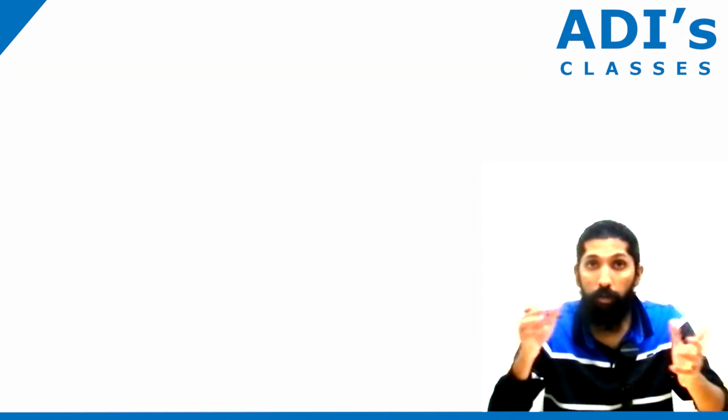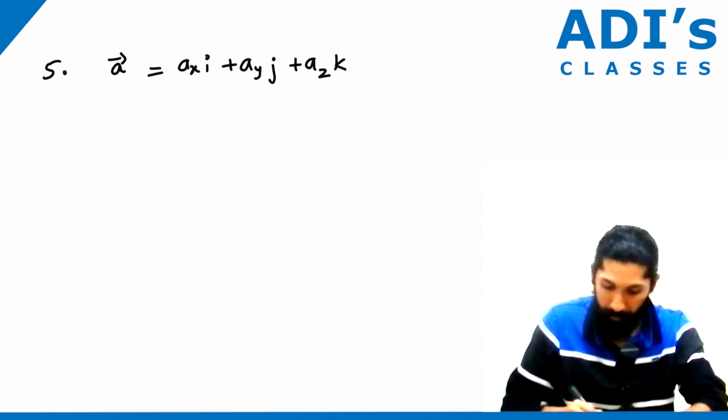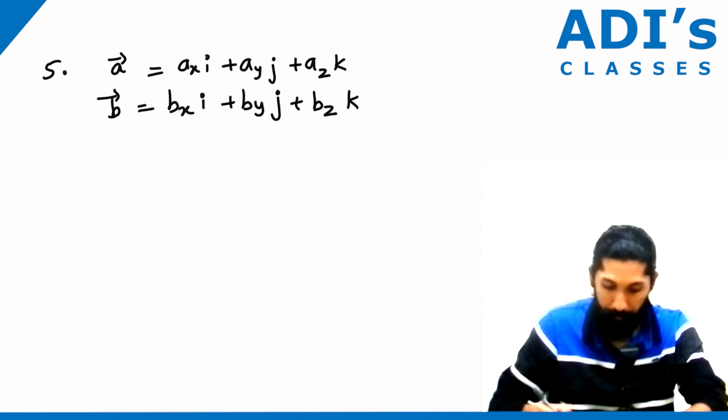Suppose say you have a vector and you resolve it into components. How exactly is the product going to become? See here, the fifth one. Suppose say vector A is AX I cap, AY J cap, AZ K cap, and vector B is BX I cap, BY J cap, BZ K cap.